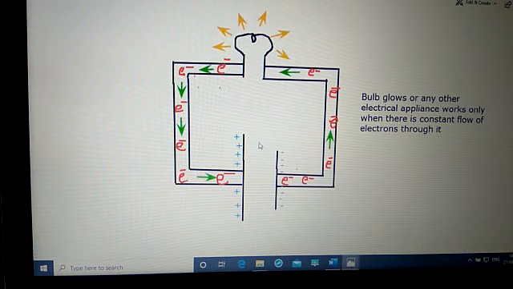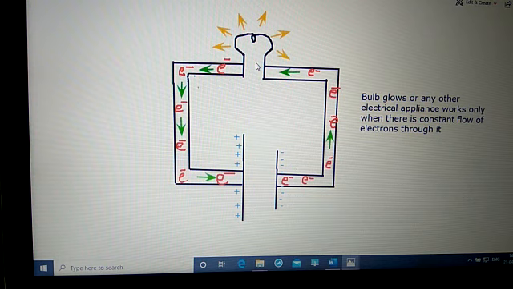See, in this circuit diagram, electrons are continuously flowing from the negative terminal to the positive terminal. Because of this continuous motion, even the filament of the bulb is glowing. The moment the flow of electrons stops, the bulb in the circuit stops glowing. Not necessarily a bulb, you can imagine any other gadget in place of the bulb, for example an electric fan.